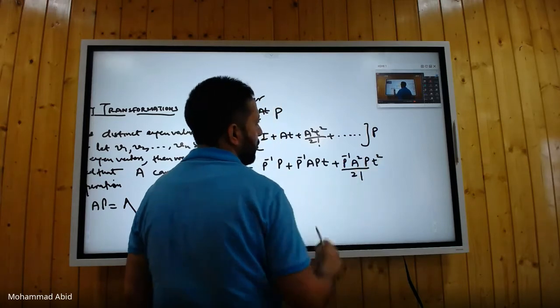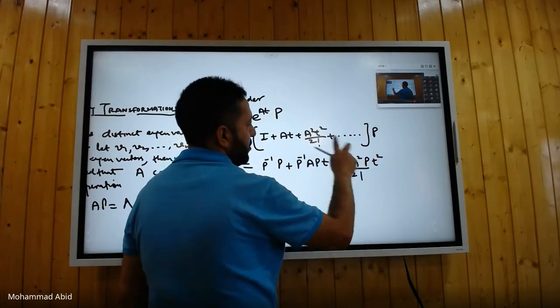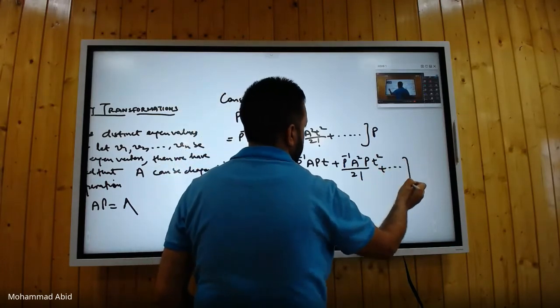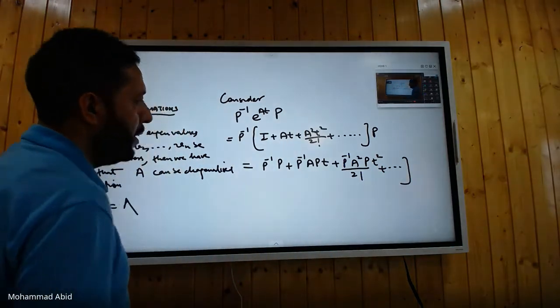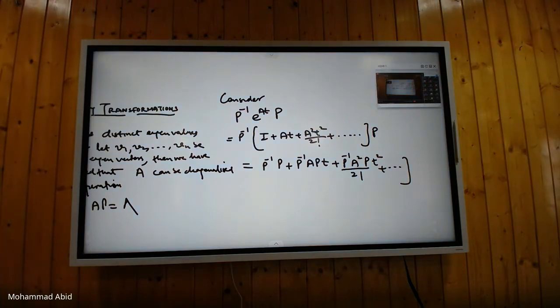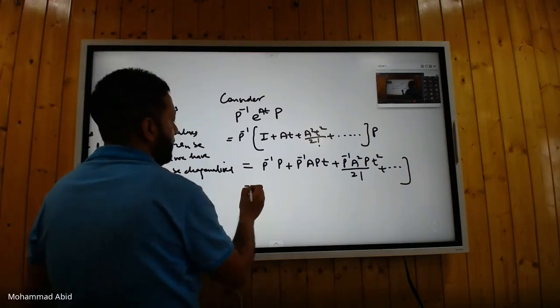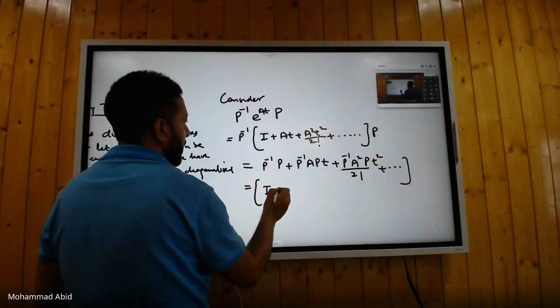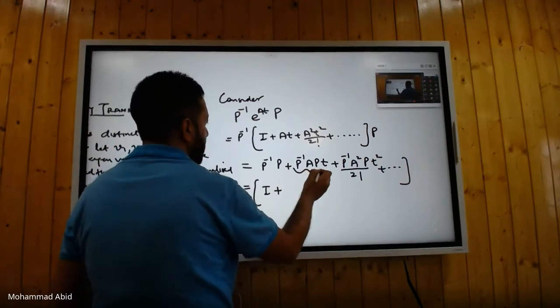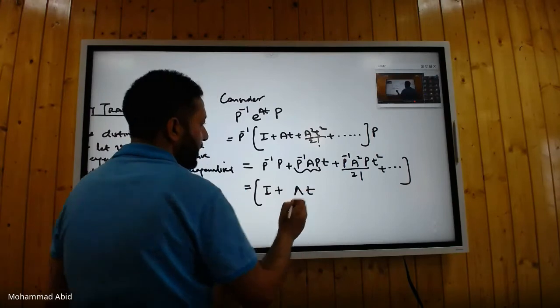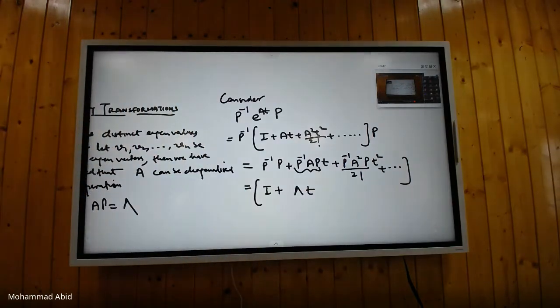P या T square को मैं I can interchange because T is a scalar, plus 1. So I can write it as, so this is P inverse P is I, and P inverse AP, what is this equal to? That's equal to lambda. So this is lambda T, isn't it?